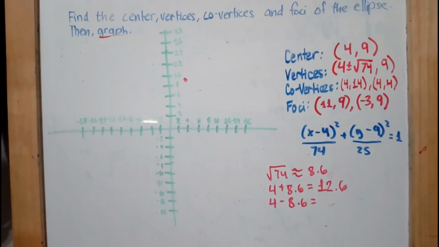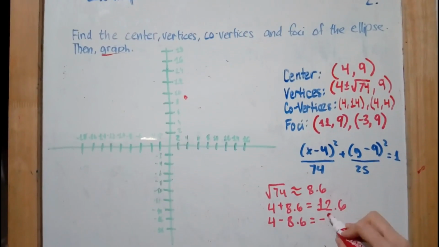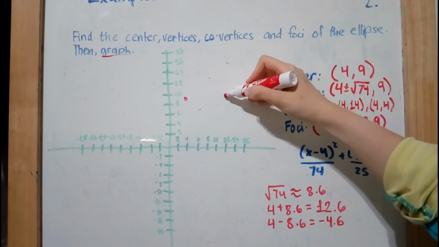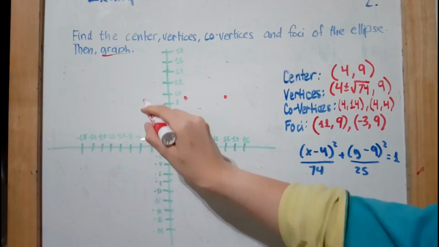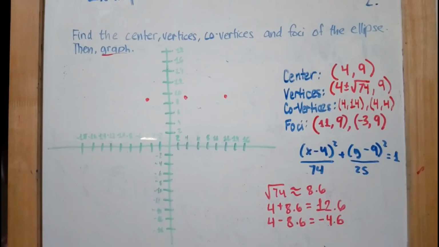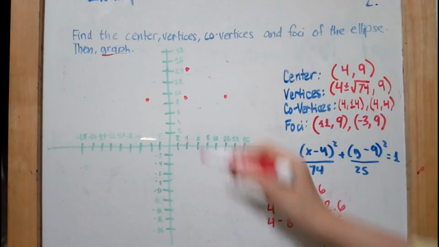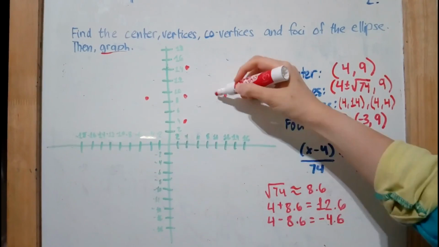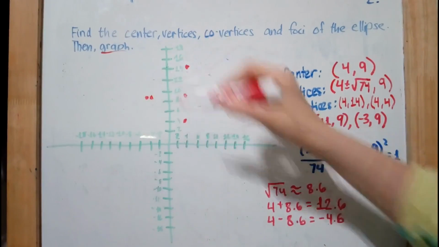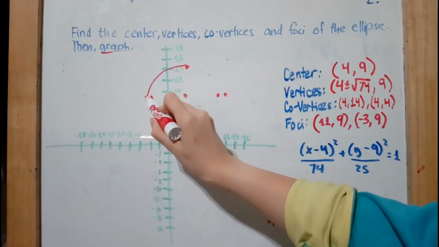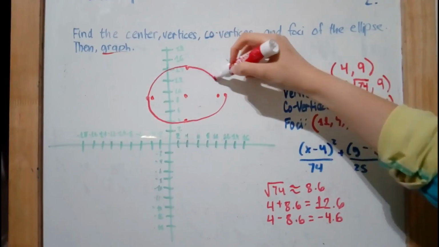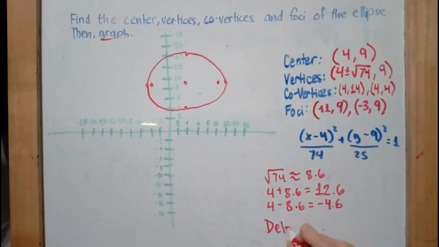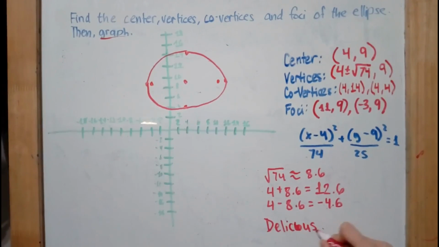Then the vertices at 4 plus or minus the square root of 74, 9, and adding 4 to the square root of 74, which is equivalent to 8.6, will get me 12.6, 9, and 4 minus 8.6 will be negative 4.6, 9. Then the co-vertices will be plotted at 4, 14 and 4, 4, as well as the foci at 11, 9 and negative 3, 9.